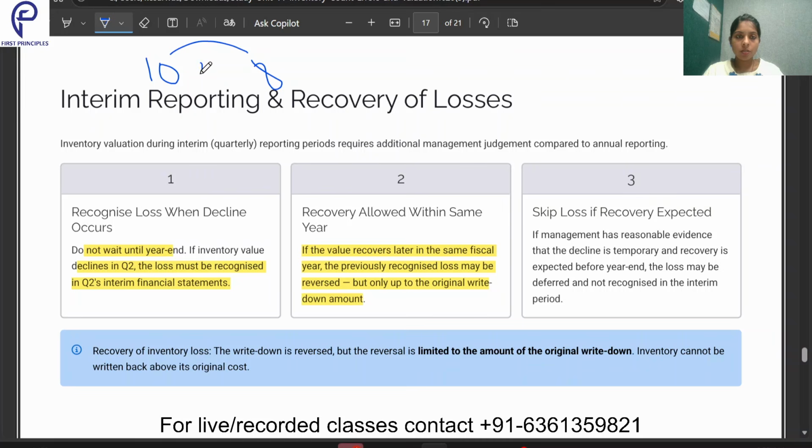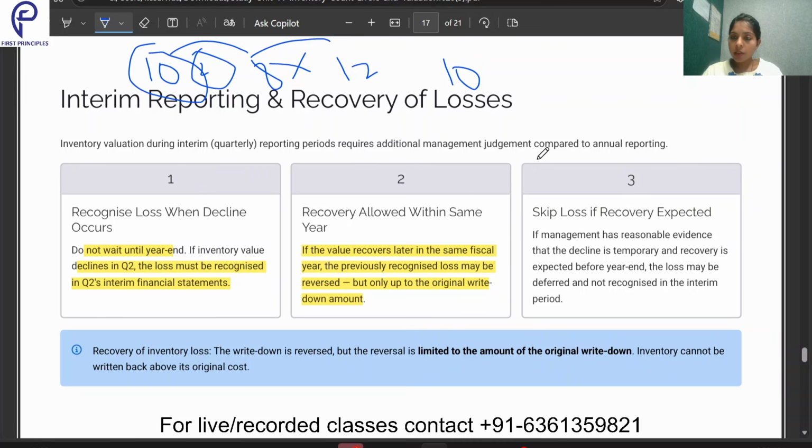I will record this 2 inventory loss. But later, at the year end, the value increased to 12. Will I increase the value to 12? No. I will only increase it up to the value at which we initially recorded it. So this 8 can only be made 10. It cannot be made 12. That is what this point is saying.